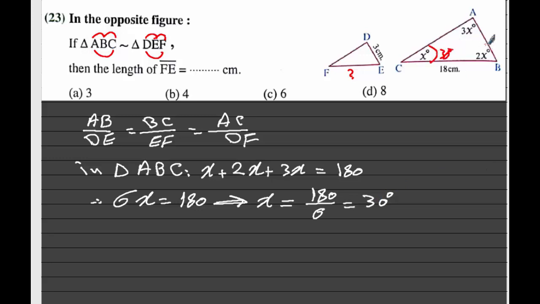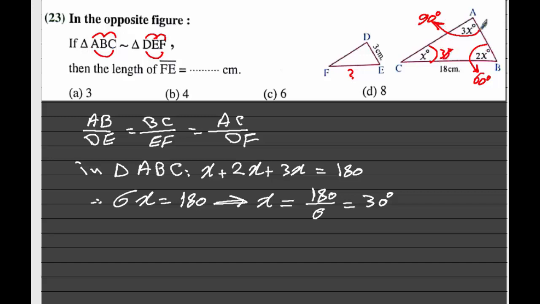And what about this? It is 60 degrees, and the third one is 3 multiply 30 equals 90. So the measure of angle C equals 30, the measure of angle B equals 2 multiply 30, which equals 60, and angle A equals 3 multiply 30, which equals 90 degrees.